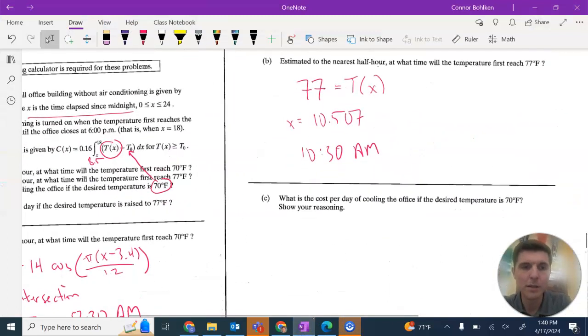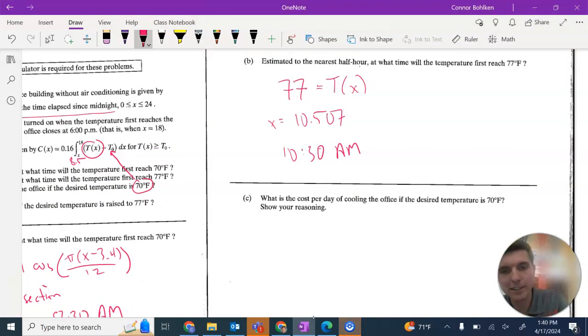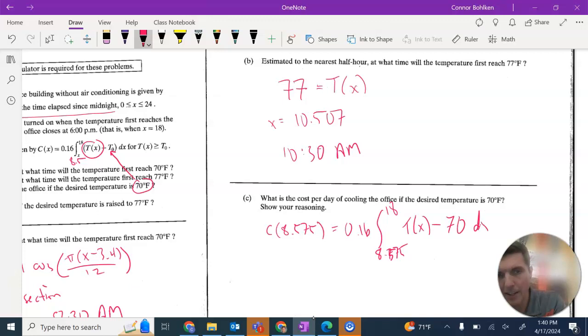dollars. And of course we would need to write this all out. We'd say, okay, C of 8.575 equals 0.16 times the integral of 8.575 to 18, because it's going to shut off at the end of the day, of T of x minus 70 dx.